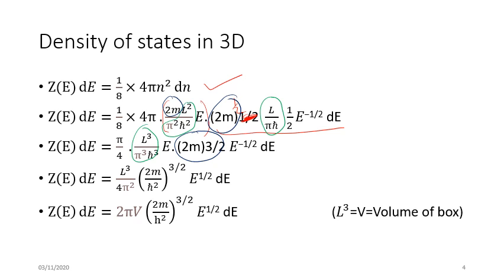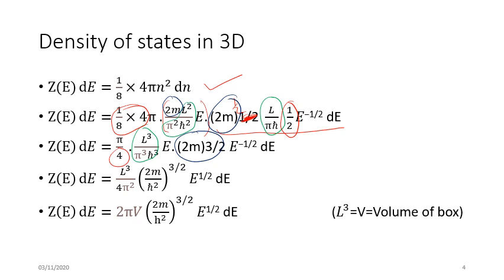Then this 4 pi, so this will be 1 by 2. To consider the coefficient, this 1 by 2 is there, and this 4, and 8 is there. So 4 into 1 is 4, divided by 8 into 2, that is 16. So 4 divided by 16 is 1 by 4.